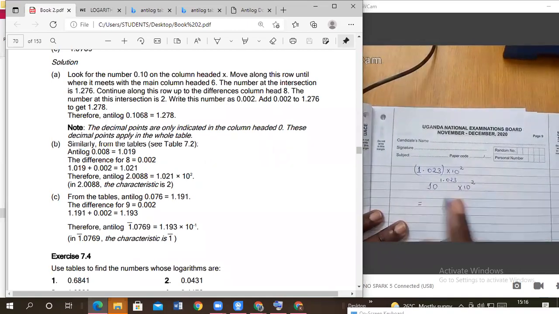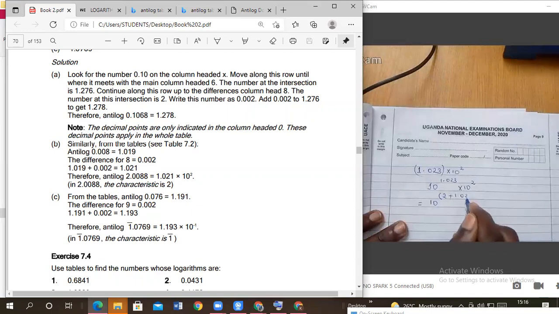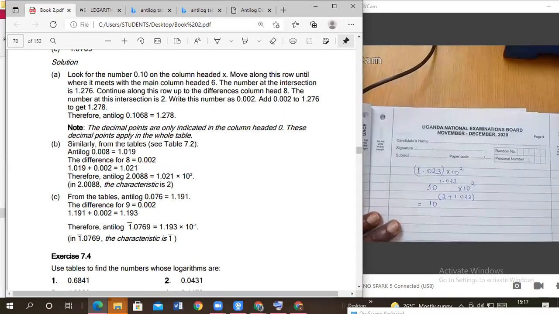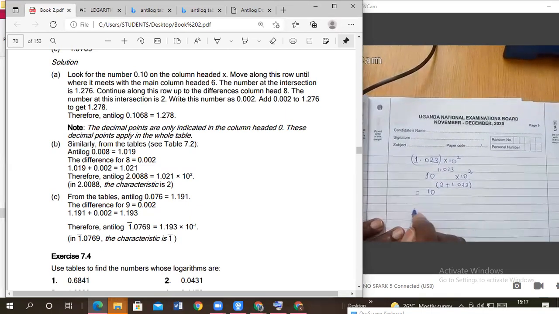So now you can see that they have the same base. So it's going to be 10 to the power 2 plus 1.02 what? Members, are we still together? Yes. So we get 10 to the power what?